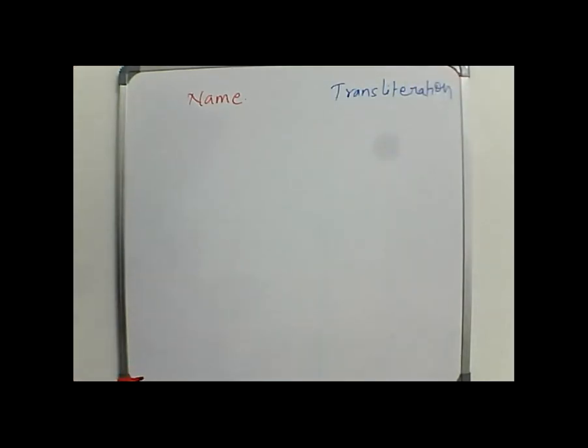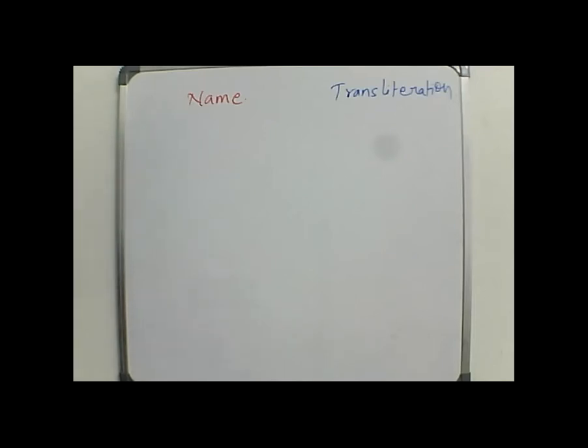I think even in the last class we were discussing the name and transliteration. For every Hebrew letter we have a transliteration, so we have to use that. We will be using that for our homework also.